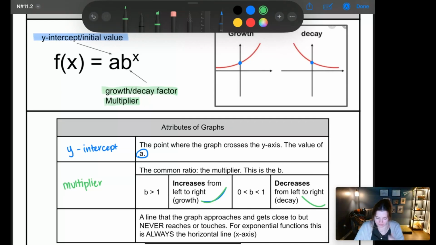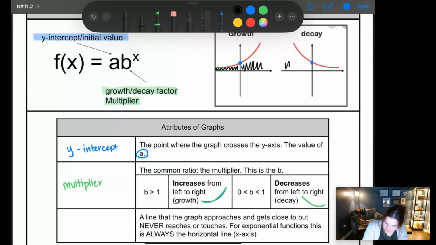Then a line that the graph approaches and gets close to but never reaches or touches, okay? For exponential functions, this is always the horizontal line, the x-axis, right? Notice on this one and this one, it's not touching. Let me use a different color again, my bad. It's not touching that x-axis, right?